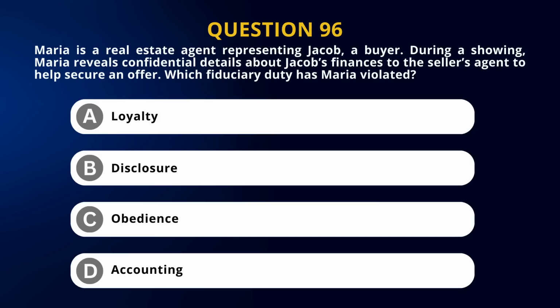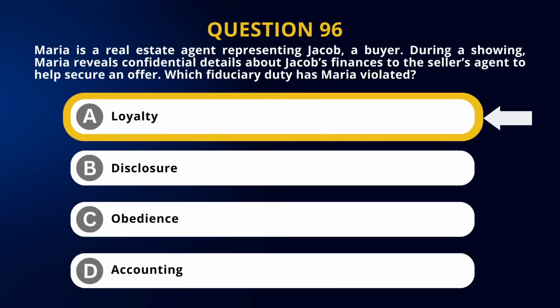And the answer is letter A, loyalty. In this particular instance, her duty to serve Jacob, her buyer client, would have been violated, a violation of her loyalty. Every action and inaction that she takes must directly financially benefit her client or principal, as fiduciary duties and obligations dictate.